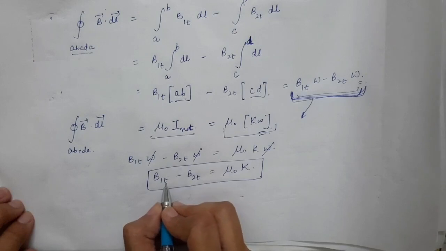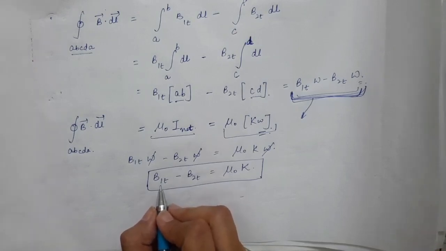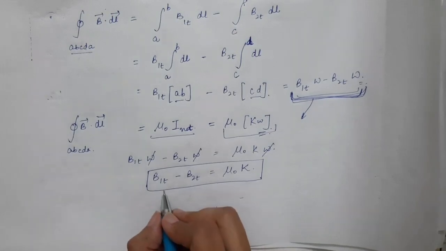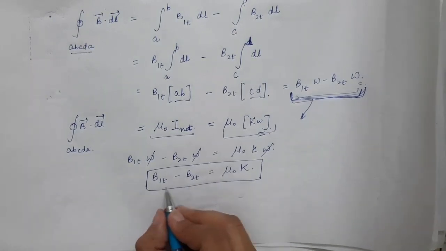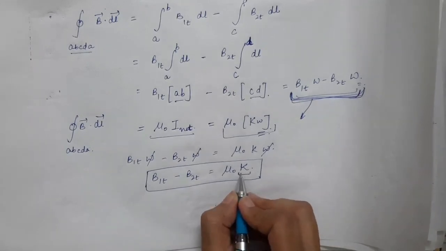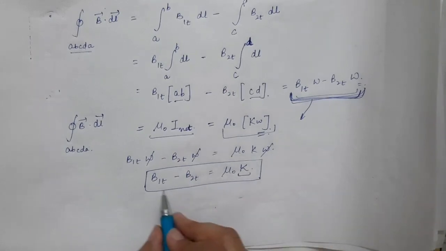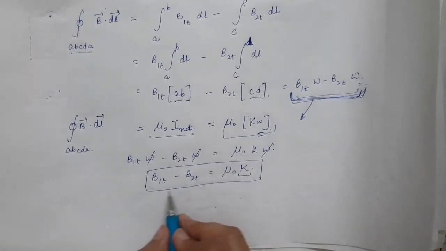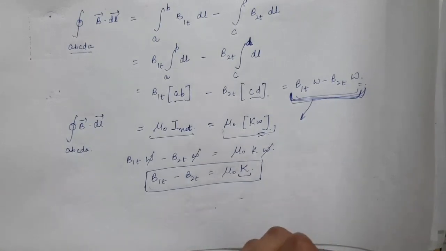So B1T is the tangential component of the magnetic field. You can see that there is a change in the tangential component of the magnetic field, and the change is given by mu naught times K, where K is the magnitude of surface current density. So there is a change in the tangential component of the magnetic field on crossing the sheet.